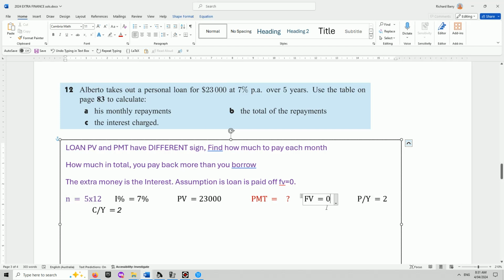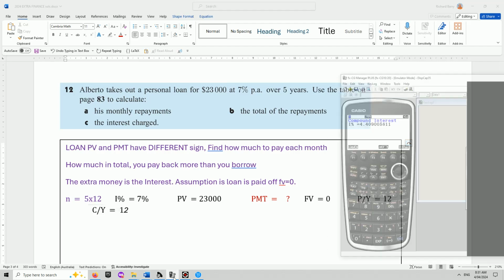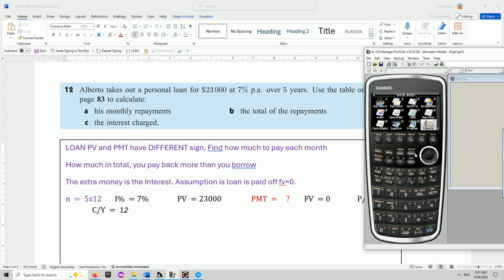Okay, and we have P/Y, C/Y. So I was looking along here, I keep seeing the word monthly. So they must be 12. Time for the calculator. So I think we're living in the world of finance, and this is definitely a compound interest question.